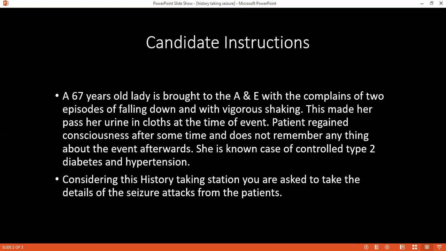Apart from the right arm, which was shaking during the seizure, I don't think any other problem. Okay, so it was your right arm that was shaking. Yes, sir. Okay. And any surgery in the past? No, doctor.